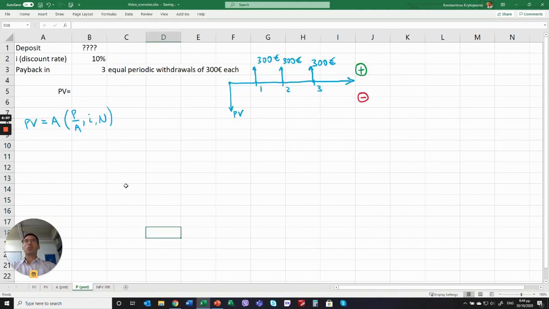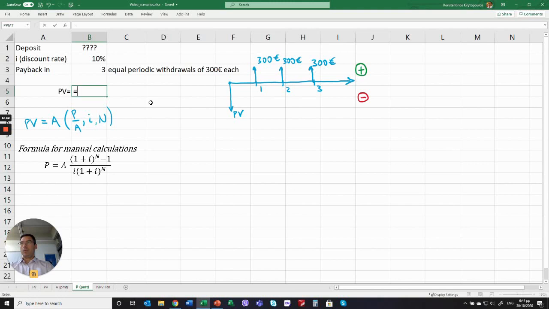The exact opposite problem would be to try to find the deposit that I need to make today if I want to receive 3 equal periodic payments, or make 3 equal periodic withdrawals of 300 euros each. So in this case, I have to find the present value. Again, I'm using the present value function, but now the references are going to be a little bit different. So rate, that's going to be 10%.